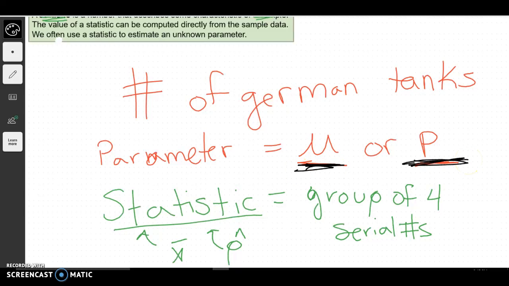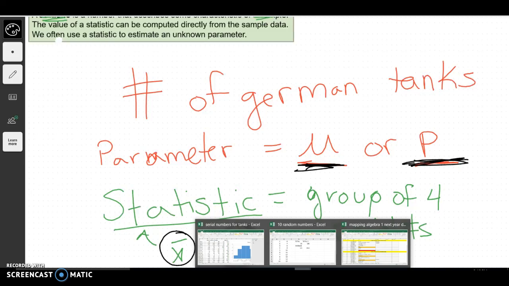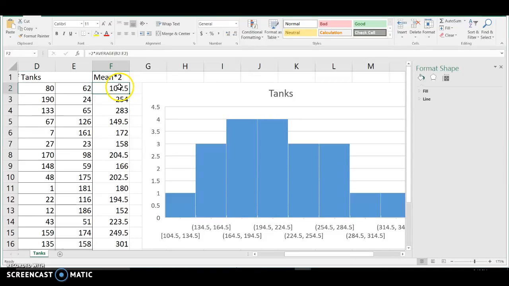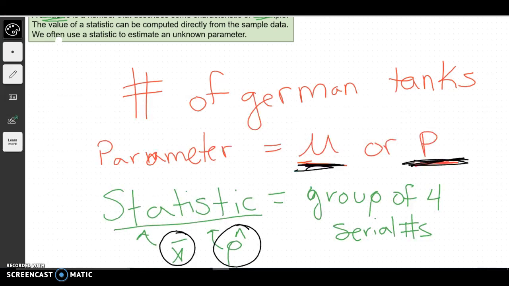If we aren't given the actual ones and we use statistics, it would be x bar, or if we were using a percent, we would use p hat. When we looked at this sampling distribution, the means of the data sets would be considered my x bars. And if I took the sampling distribution's mean, I would use an x bar for this, and it looks like the mean or the median would be around 200.